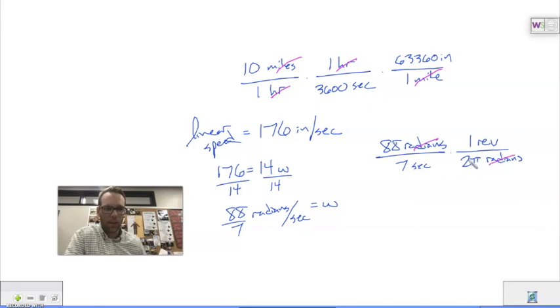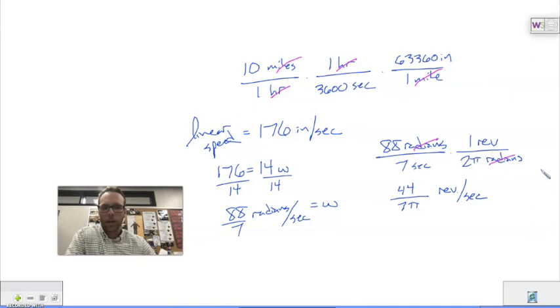We have an 88 over 2 pi, so the pi is going to stay in the bottom. The 88 over the 2 is going to reduce to a 44. We have 44 over 7 pi revolutions per second.